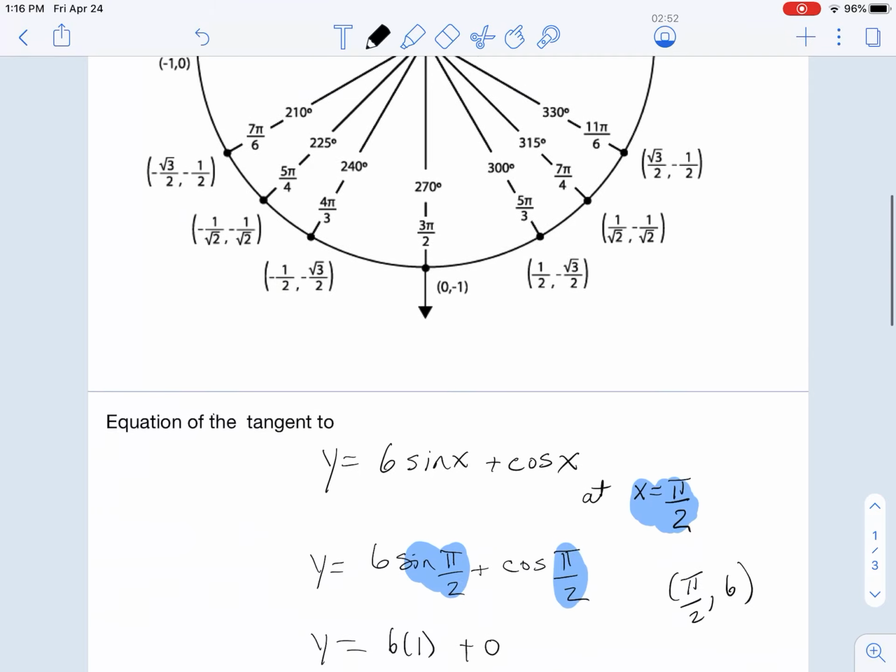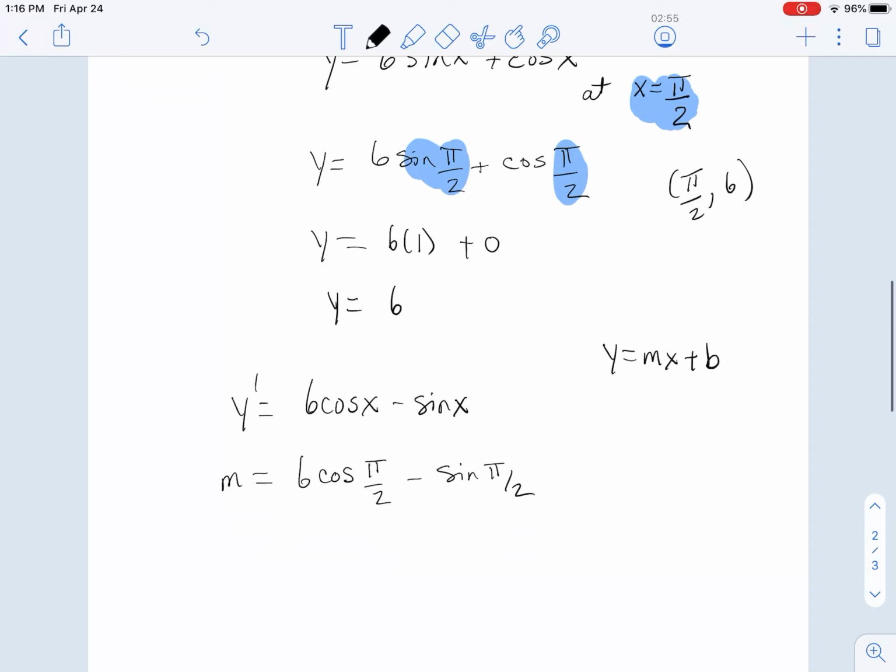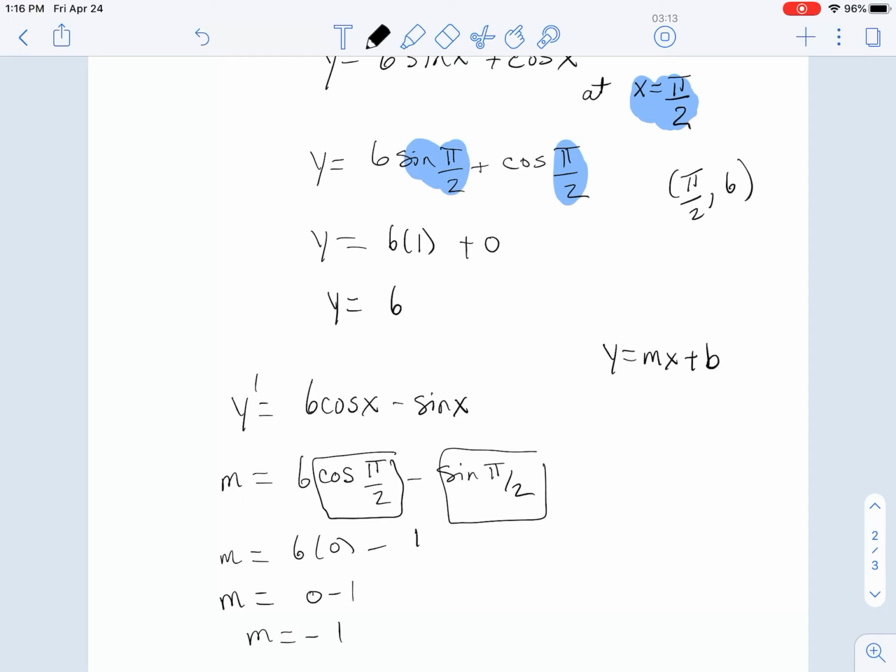So here's pi over 2. Remember from earlier, the coordinates are 0, 1. So cos is 0, so when we're doing this here, cos of pi over 2 we just saw is 0, minus sine of pi over 2, which we just saw was 1. So in this case we are going to get a slope of negative 1.